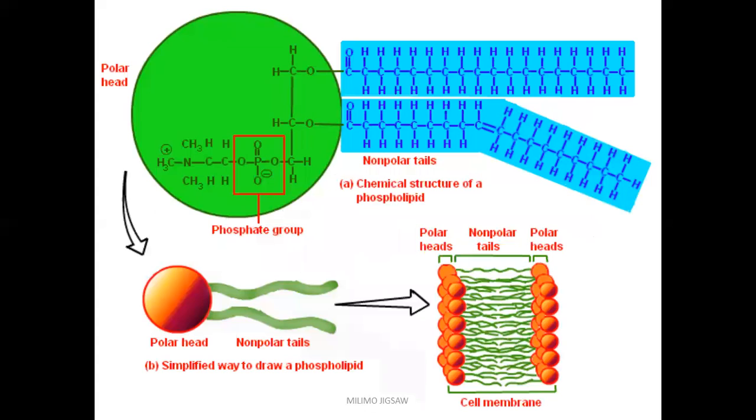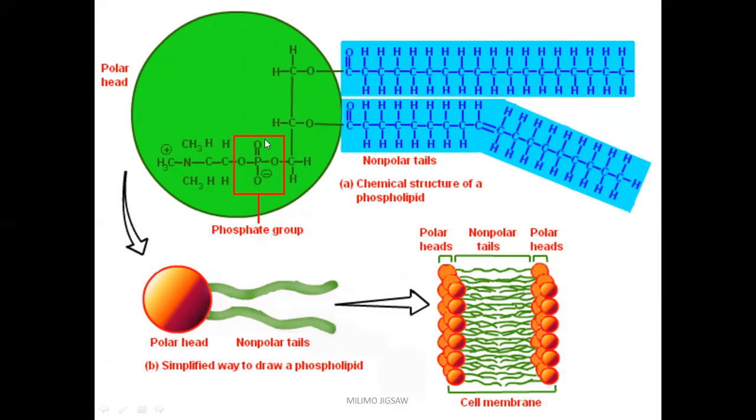Now this is a structure illustrating a phospholipid. Like we said, there are two fat acids. We have this fat acid and this fat acid. Remember, these will be the non-polar tails. Interestingly enough, you have two different fat acids here: the saturated fat acid and the monounsaturated fat acid in this phospholipid molecule.